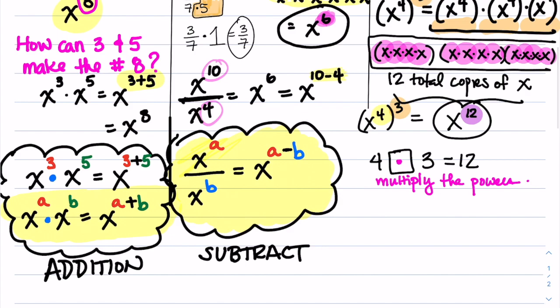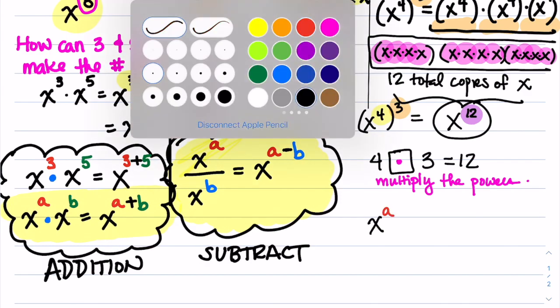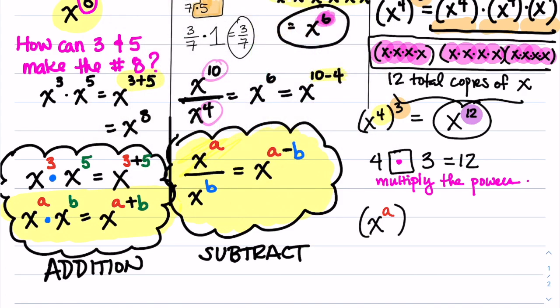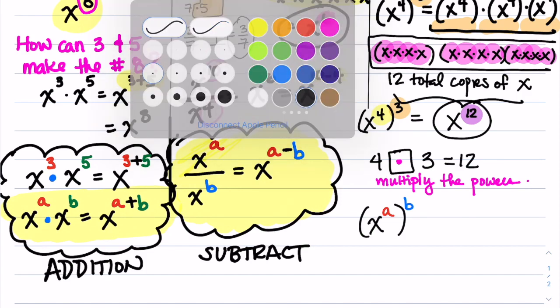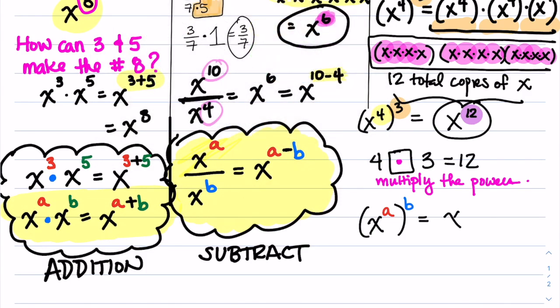So let me write it formally. If you have x to the a power, so let's say we start with some power, and then you have an additional power on the outside, x to the a, and all of that to the b, then the shortcut would be x to the a times b.